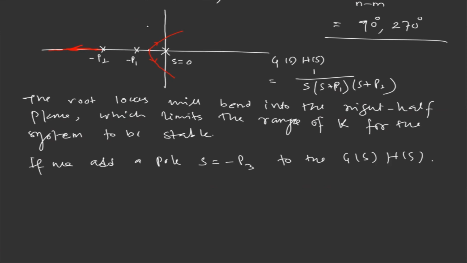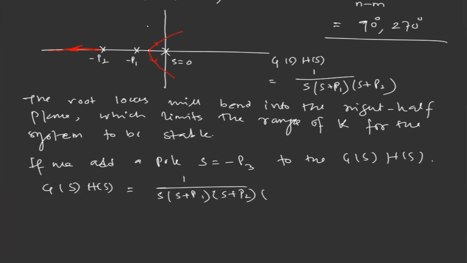In this case, our transfer function G(s)H(s) can be written as 1 upon s into (s plus P1), (s plus P2), (s plus P3).